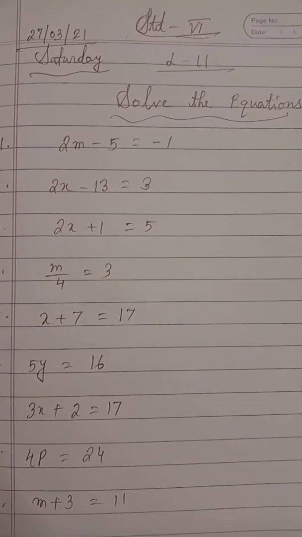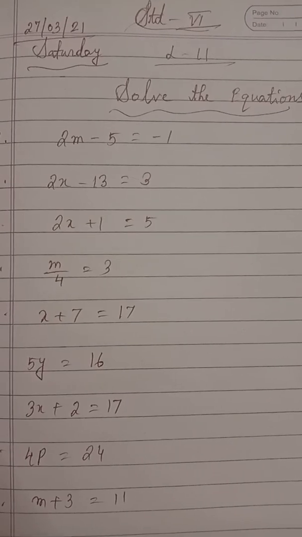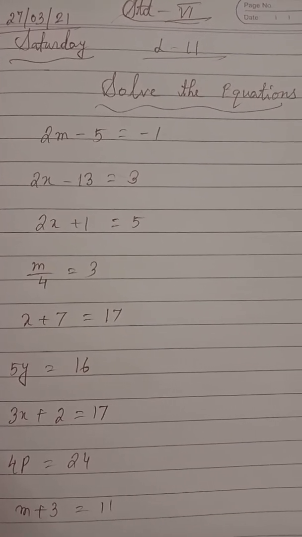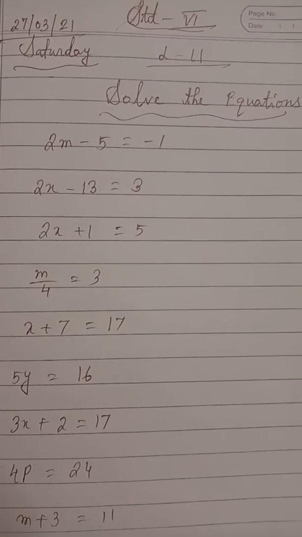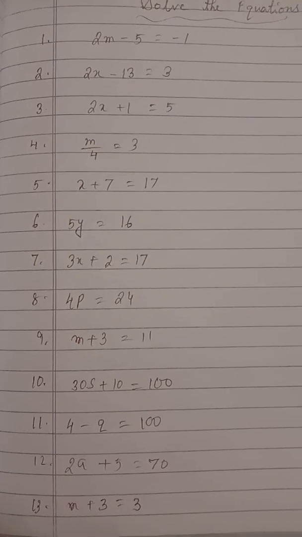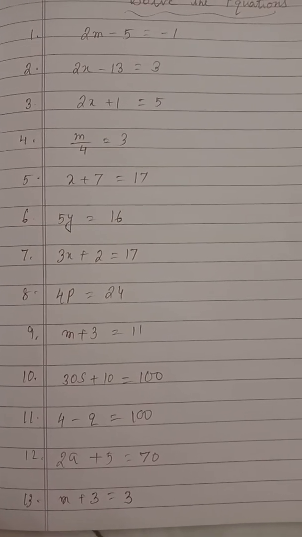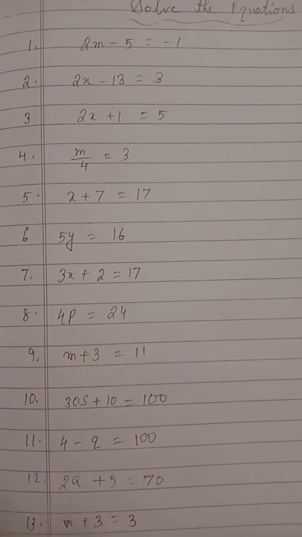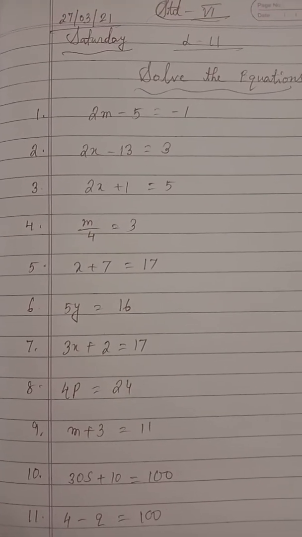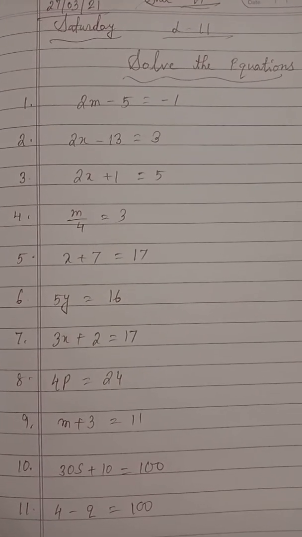Today we will do the revision from lesson number 11 and the portion is solve the equation. How to solve the equation? Here I have written some extra questions. So we have to solve all these questions in our notebook. These are all sums from lesson number 11.